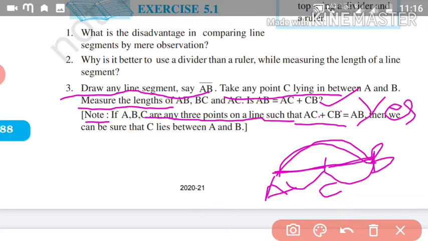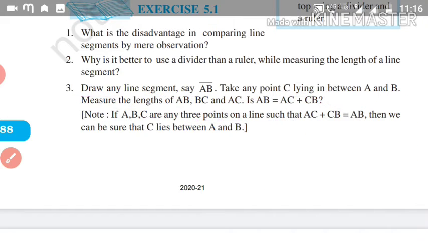If A, B, C are any 3 points such that AC plus CB is equal to AB, then we can say that C lies between A and B, not outside of AB, it will be between A and B. Okay, now come to the next question, question number 4.